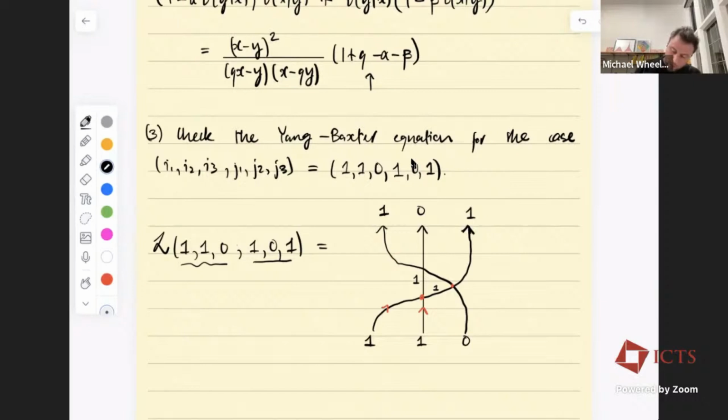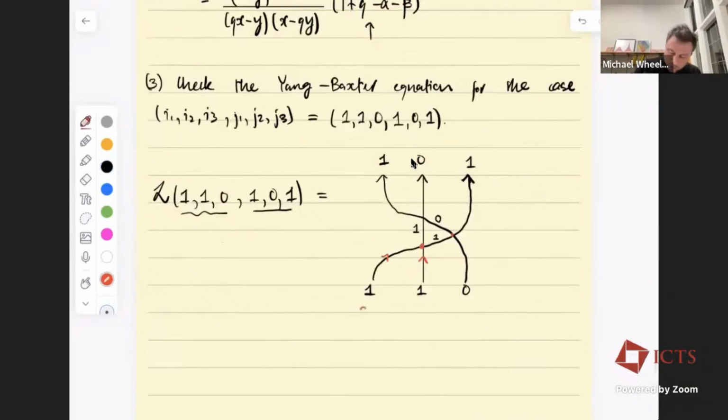I already have a 1 that exits from the right, so this must therefore be a 0. And so that completely freezes the picture. And just to remind you of the spectral parameters, I'm using X, Y, Z. Slightly maybe bad choice to use Z because Z was previously Y over X, but I'll do it nevertheless. So this is what we get.